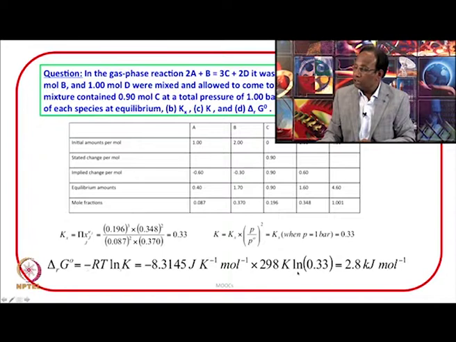This delta RG naught, the standard reaction Gibbs energy, turns out to be positive in this case, because the K value is less than 1. That is why delta RG naught turns out to be positive.